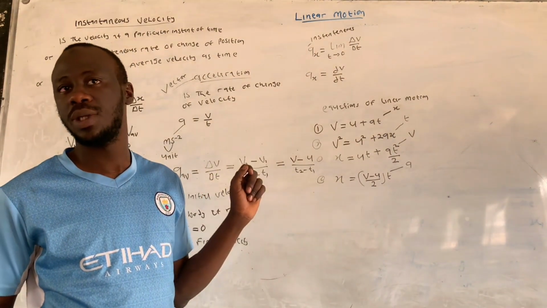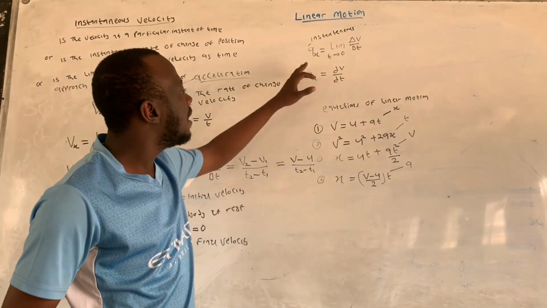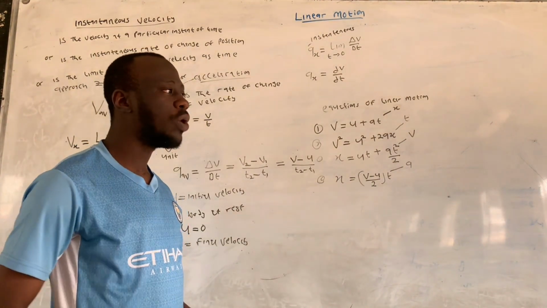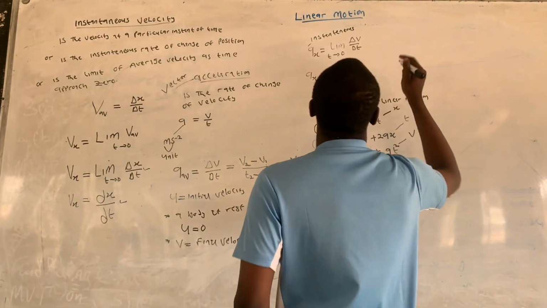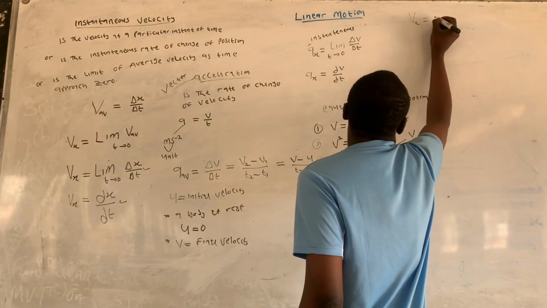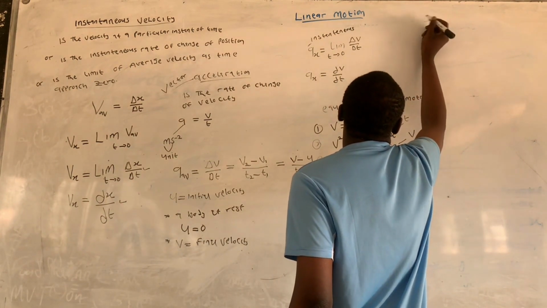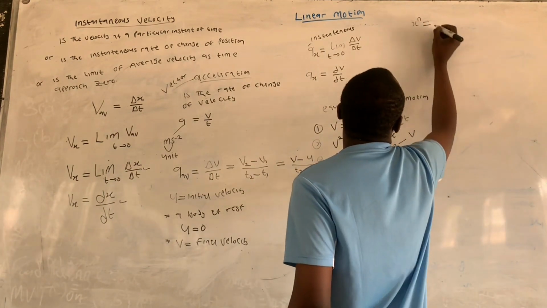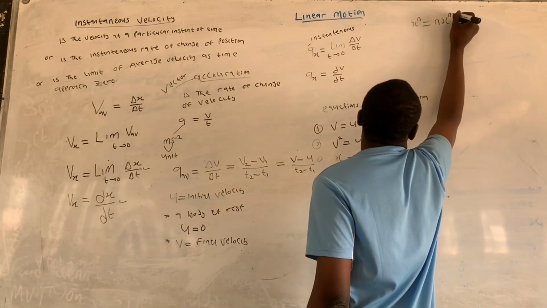Also, please be advised that instantaneous velocity and instantaneous acceleration are solved using differentiation. For example, for instantaneous velocity Vx, if we have x to the power n, its derivative is n x to the power n minus 1.